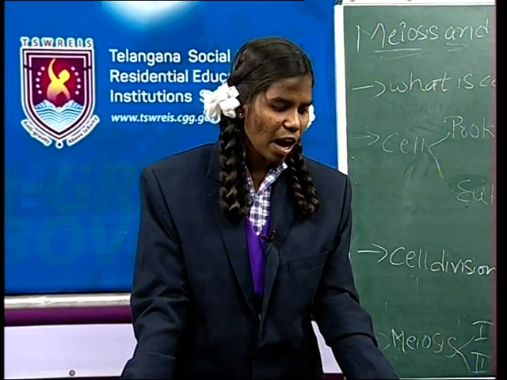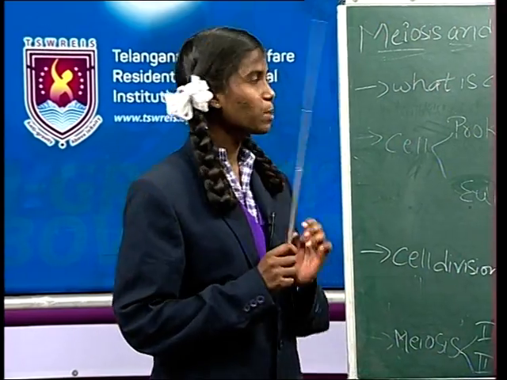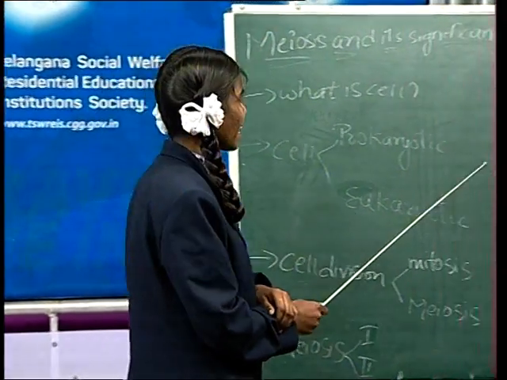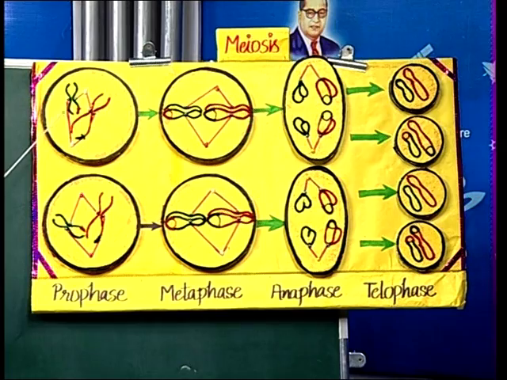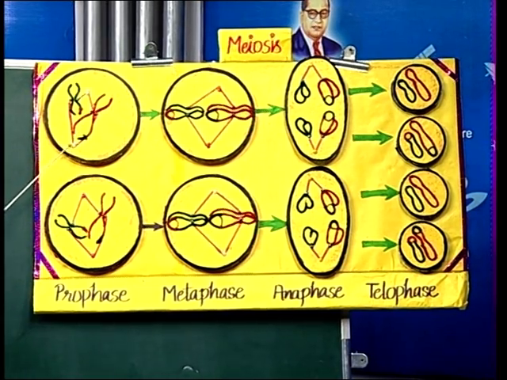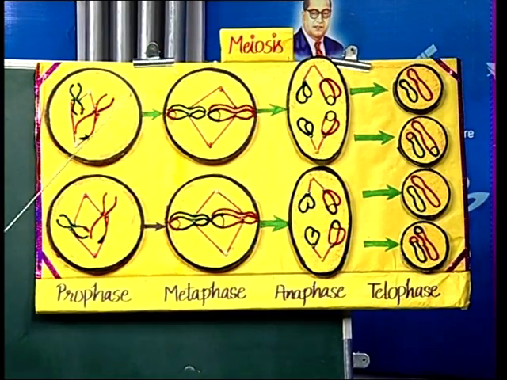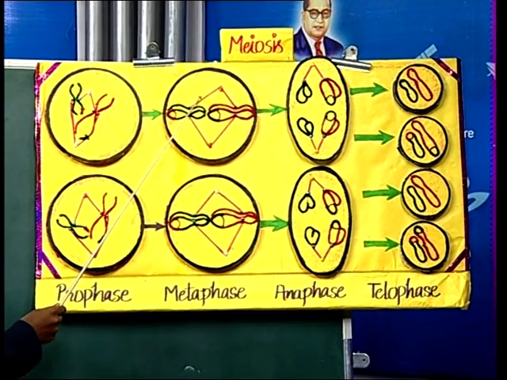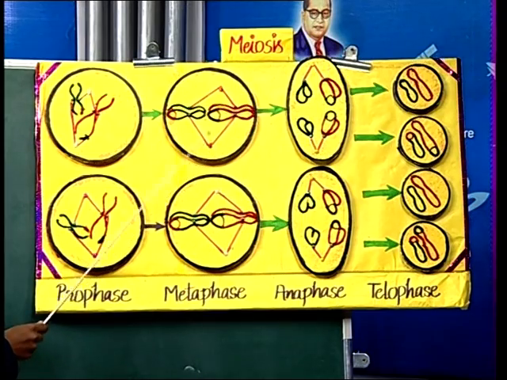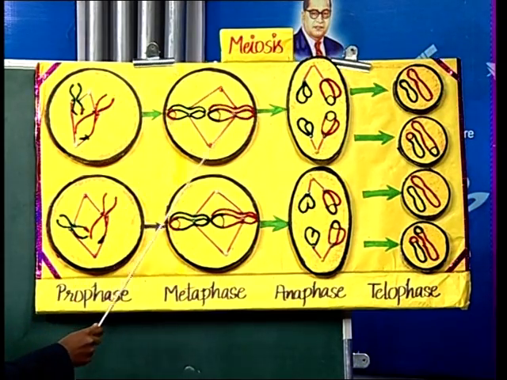So now let us see, we have prepared a small model, friends. We can see that this is the meiosis total. So here this is the prophase, friends. We have seen that here the spindle fibers are formed and the centrioles move to the opposite direction in prophase 1, and in the metaphase 1 observe carefully, friends, they are arranged at the same line.